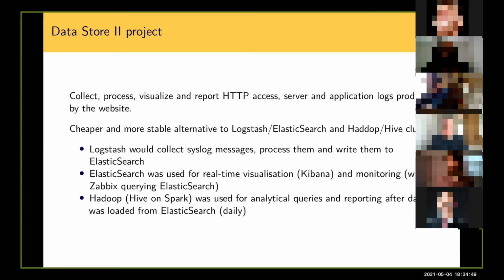So Logstash for collecting syslog messages. So syslog is used to kind of transport the messages to the central server. ElasticSearch would be the database where everything was indexed, and then there was a Kibana interface for it to see some sort of in a real-time fashion what's going on.